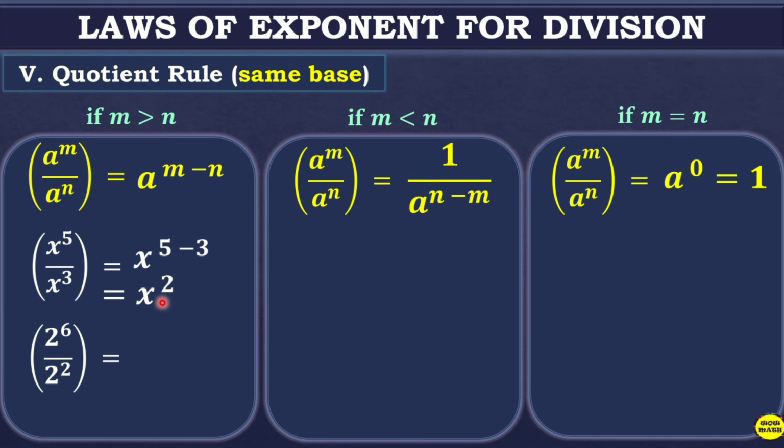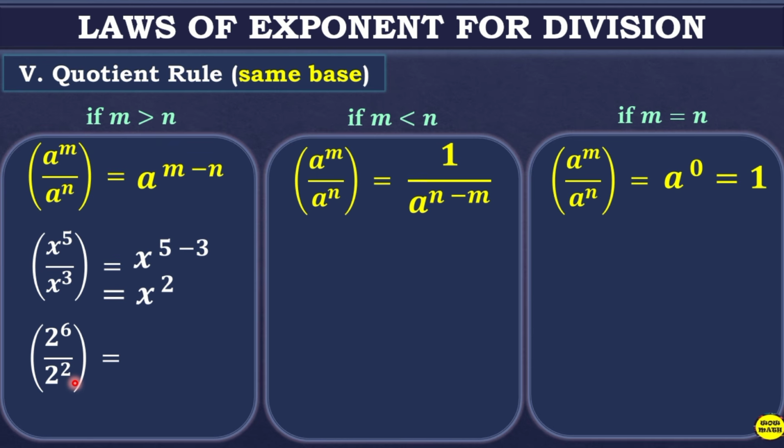Okay? And then next, 2 raised to 6 over 2 raised to 2. Kapag binigyan kayo ng ganito, yung iba ang ginagawa nila, kinukuha muna nila yung power nito, 2 raised to 6, 64, di ba? And then 2 raised to 2, 4. So, 64 divide 4. Yun ang ginagawa nila. No po.